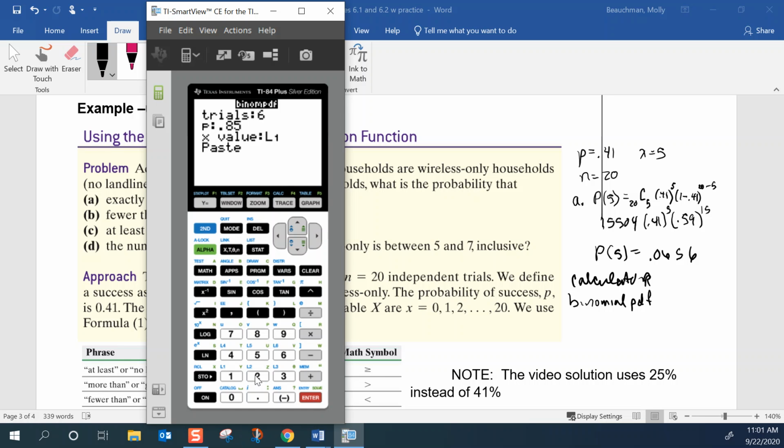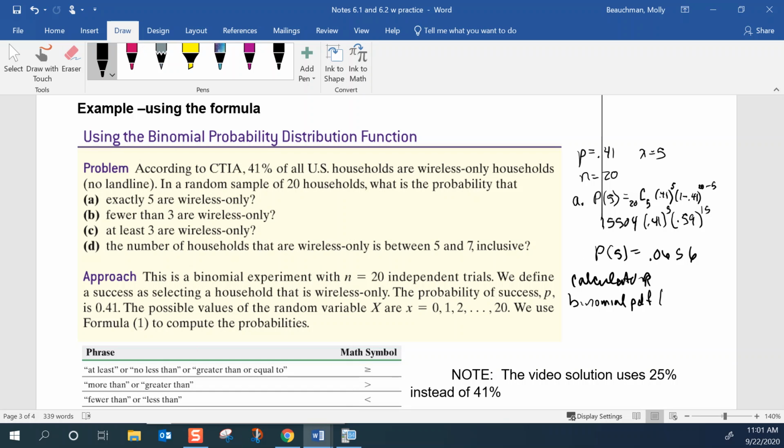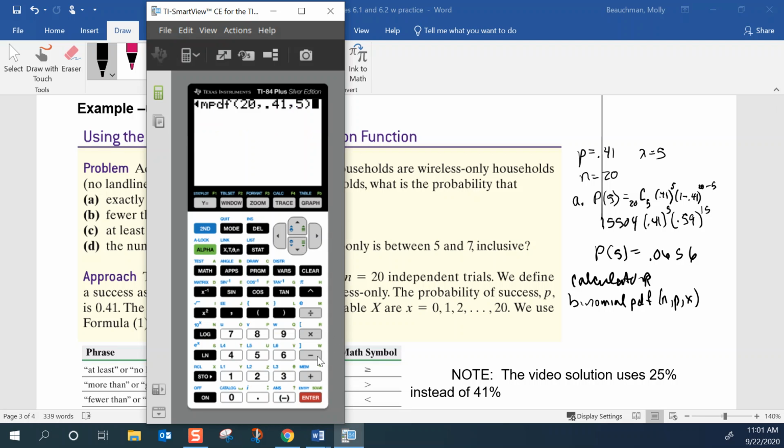In this case, n is 20. The probability of success is 0.41. The x value, what we want, is exactly 5. Paste, and it will put it in the order binomial PDF with n, p, x. Hit enter, and we get the same exact answer, 0.0656.